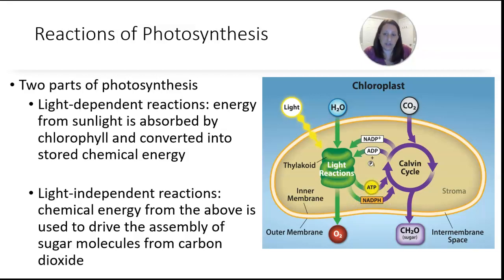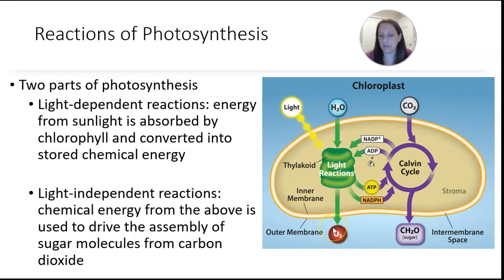NADH, FADH2, NADPH, they all do the same thing: they carry electrons. So again, energy comes from light, it's captured by pigment molecules, and that energy is transformed into ATP and NADPH. Water will be used in this first step, and oxygen will be released. Oxygen is a byproduct.